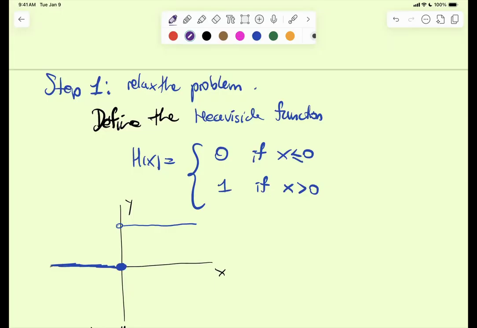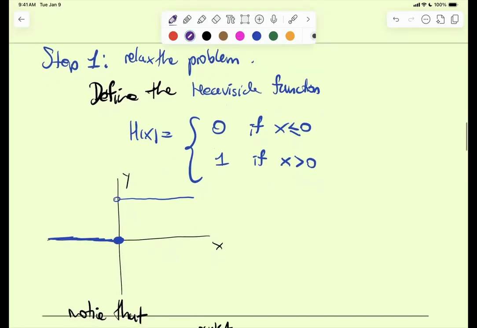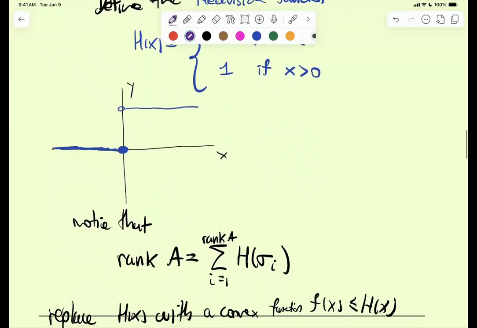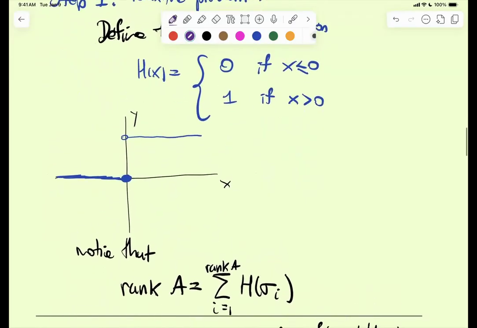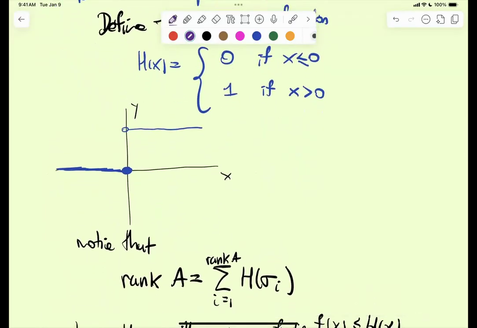From that perspective, what's nice about it is that it allows you to rewrite the rank of a matrix in a somewhat elegant way. Remember that when you have a matrix A, you have the singular values, and the singular values were always non-negative.